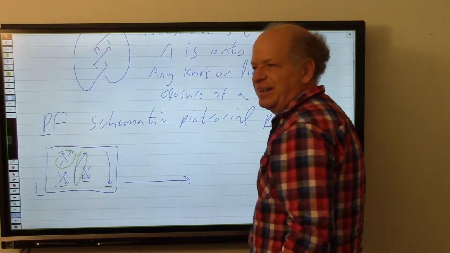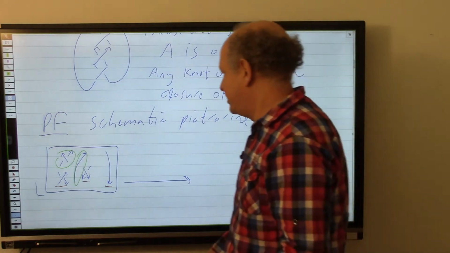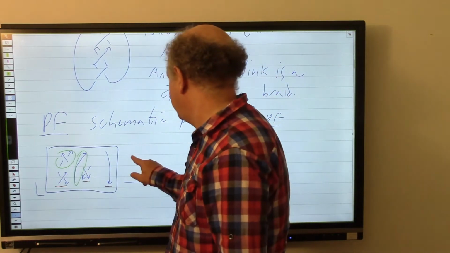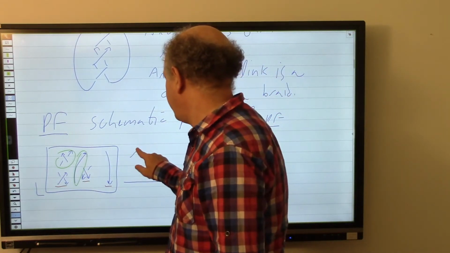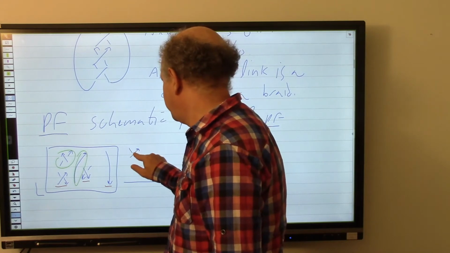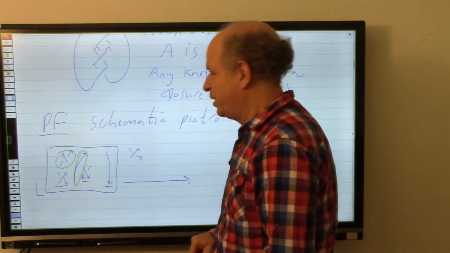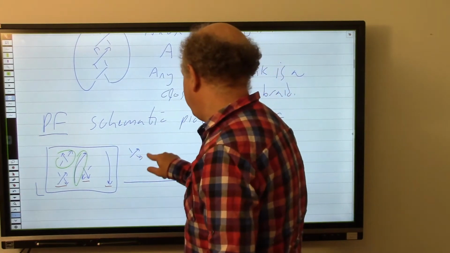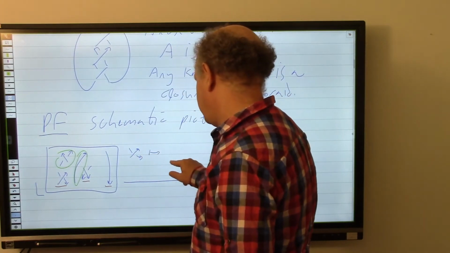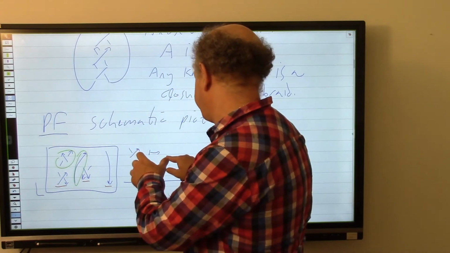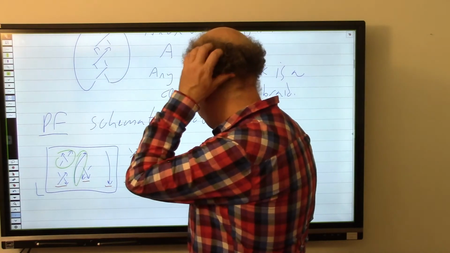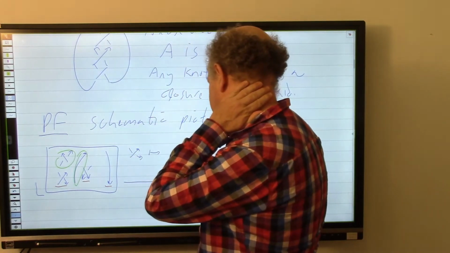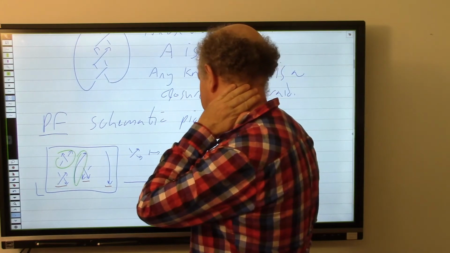Okay? So, for example, let's take this one. So, if you have a crossing like this, I could rotate it by 90 degrees and it will become, oh my God, I'm always confused by these pictures.